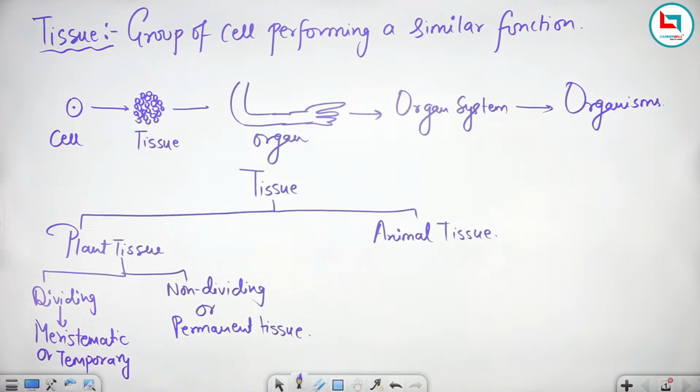Now further, these meristematic and permanent tissues are further divided into different classes, but right now our chapter basically belongs to the animal tissue.